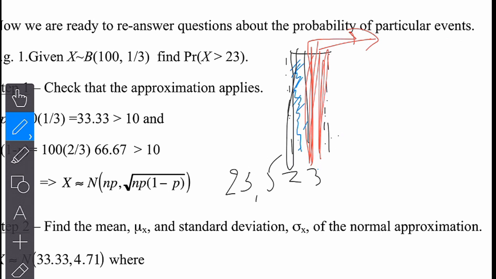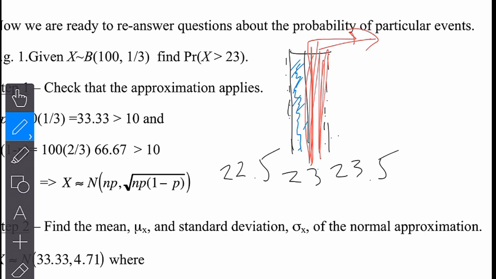Let me do this again. Let me clean this up. So what we have here is 23. What we have here is 23.5 on this end, and what we have over here is 22.5, right? So that would be this end here, and 23.5 is this end here. So those are the thresholds of the bar.